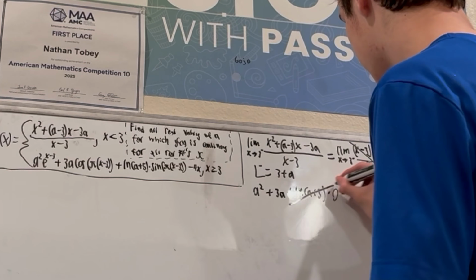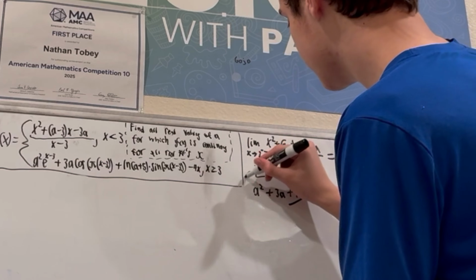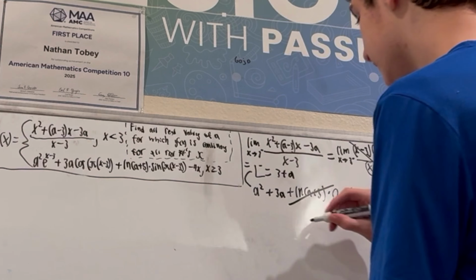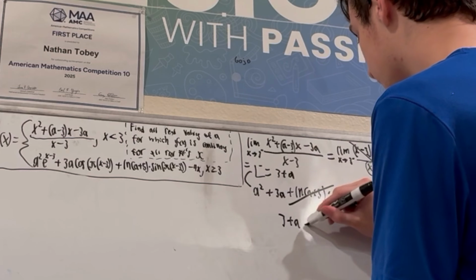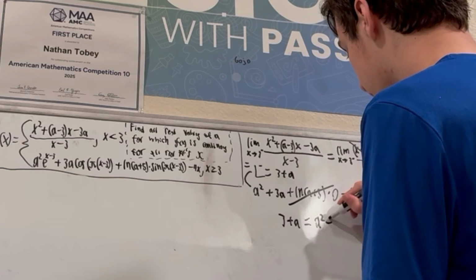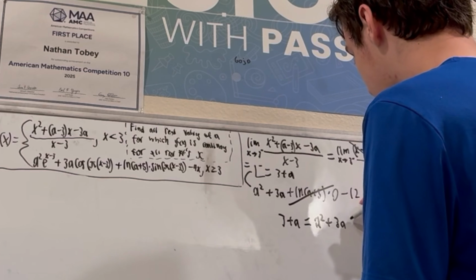So this whole term goes away, and now we can set these two equal. We get that 3 plus a is equal to a squared plus 3a minus 12.